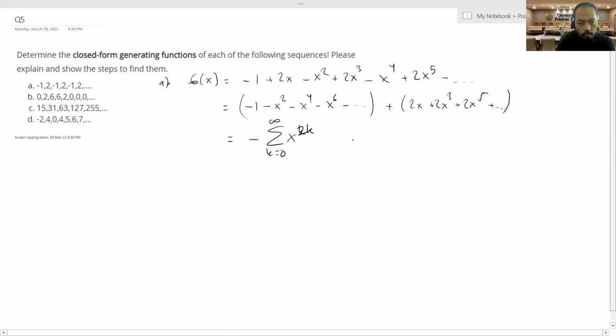And the other one is the sum of 2x to the power of 2k plus 1, k from 0 to infinity.